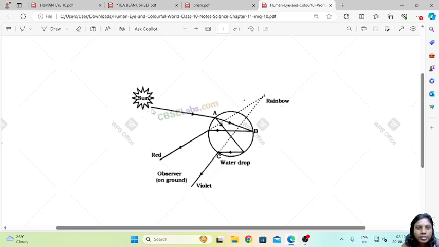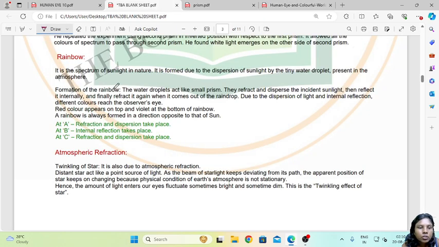The incident ray is first refracted, then it is reflected internally. It does not pass out from here; it is reflected back internally and then refracted. Finally it is refracted again when it comes out of the drop.